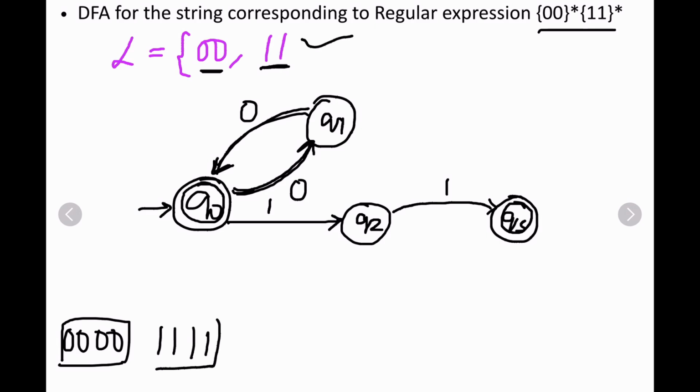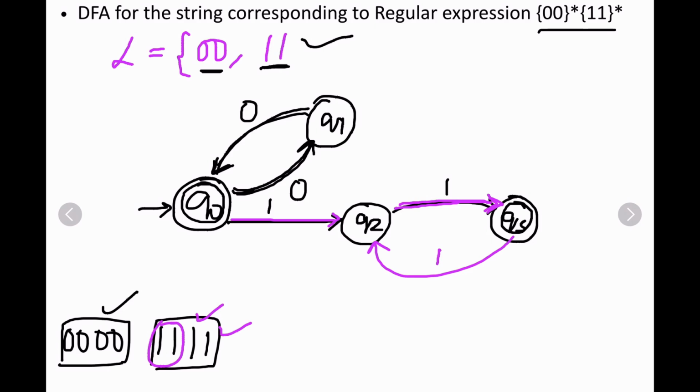Since it starts with 1, it will go to q2 on 1, and the remaining 1 1 in the input buffer will come back to q3, and on 1 again go back to q3, so this is also accepted.